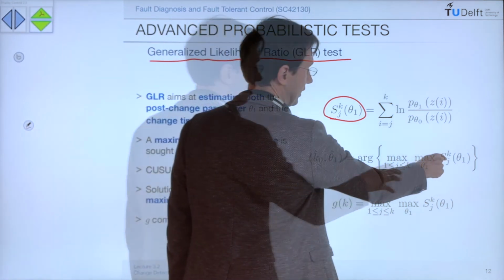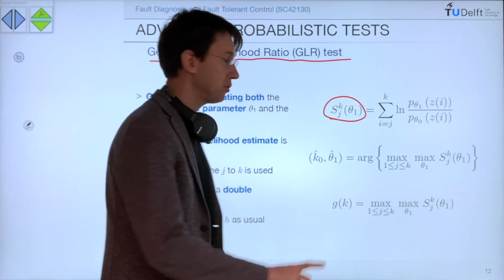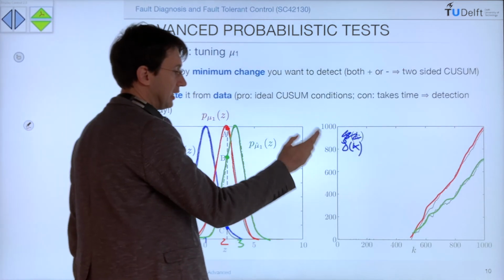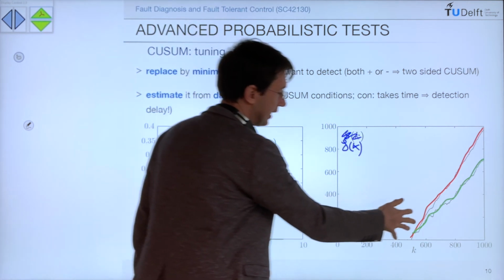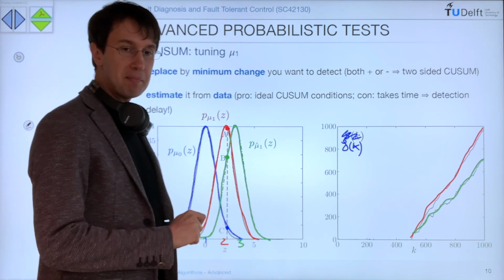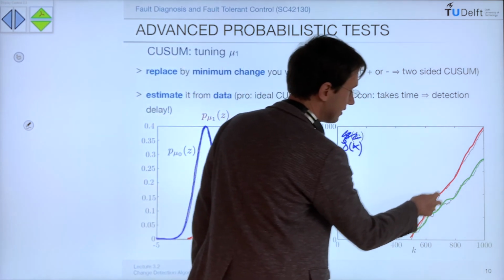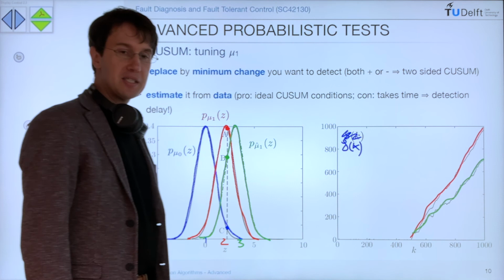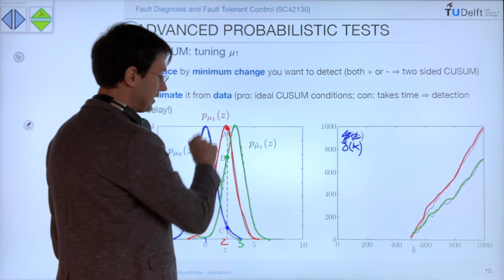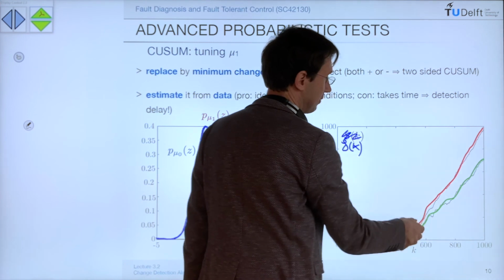So we take the CUSUM S and we want to maximize it. Because you remember, after a fault, a change, well, the S, or anyway G, they are increasing. And also we have shown here that the better is our estimate of the post-change parameter mu, the faster is the increase. So a way to find the mu that is the best one is to maximize S by changing mu.